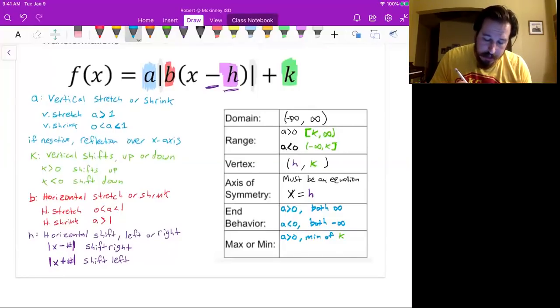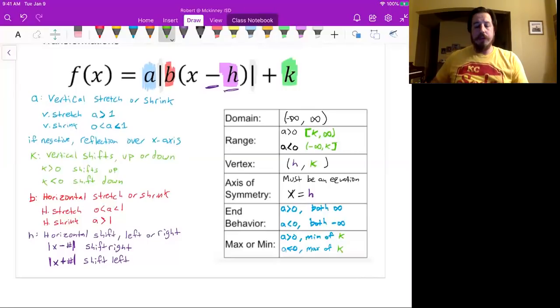If A is negative, A is less than 0, then we will have a maximum of still whatever that K value is, okay? So it's the K value. If you continue on with where it happened, it's going to be at H. But this is our basics of how these transformations affect our graph characteristics.